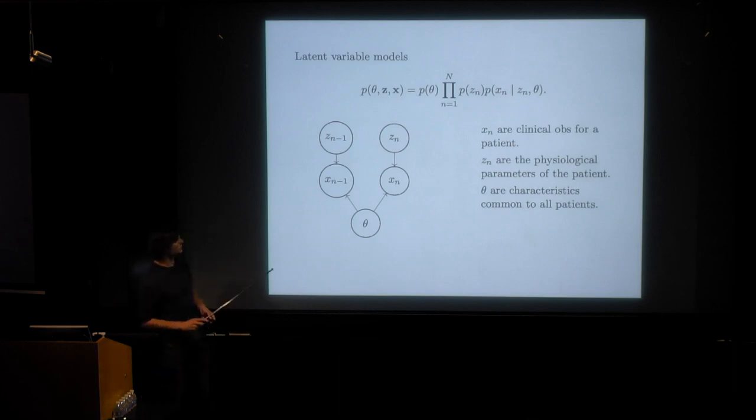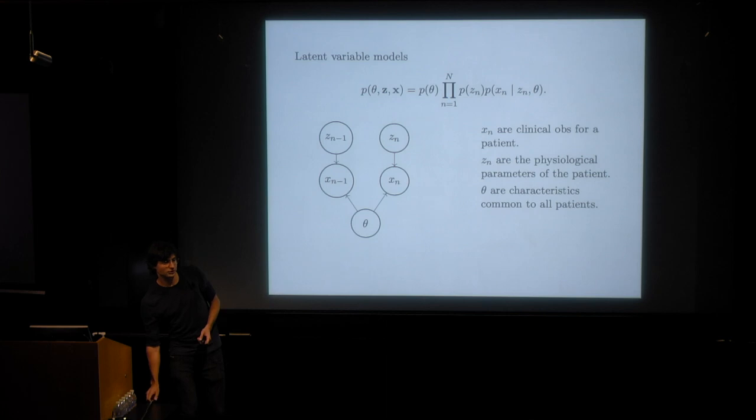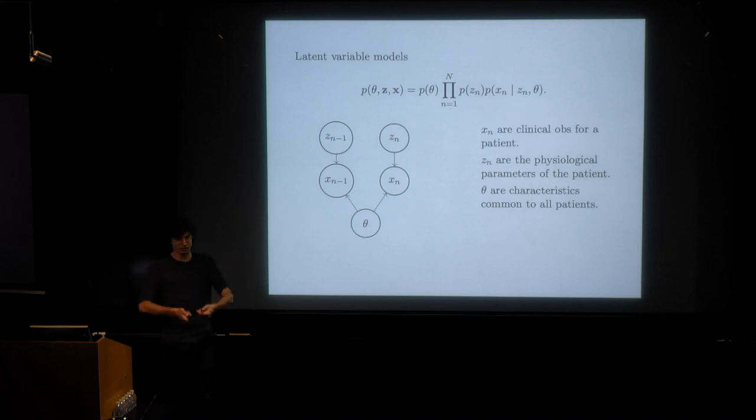Then for each patient, I'm going to estimate a characteristic, like their physiological parameters, let's say. But I'm also going to have some characteristics that are common to all the patients, right? And oftentimes, what you might do is you might estimate a population behavior, and then your latent variable would be deviations from the average behavior.